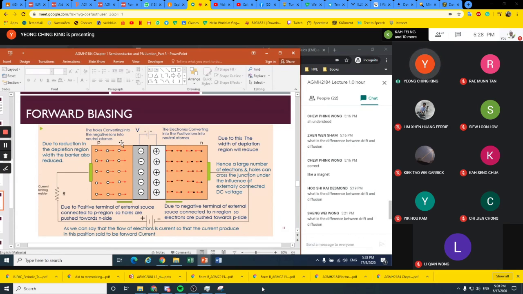So for this forward biasing, the bias voltage source will impart sufficient energy to the free electrons, so that they can overcome the barrier potential and move through this depletion region.